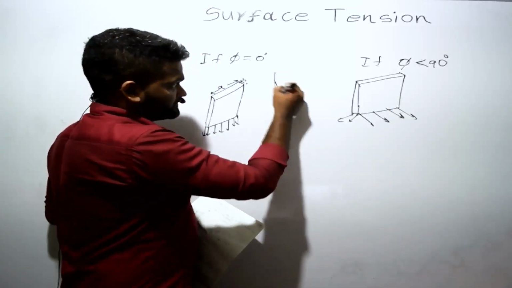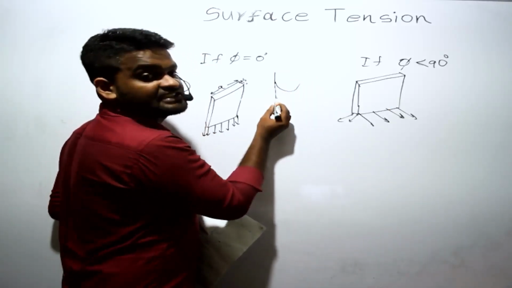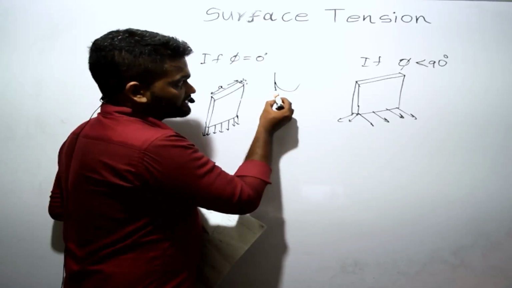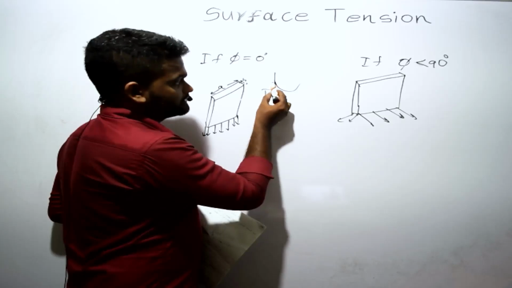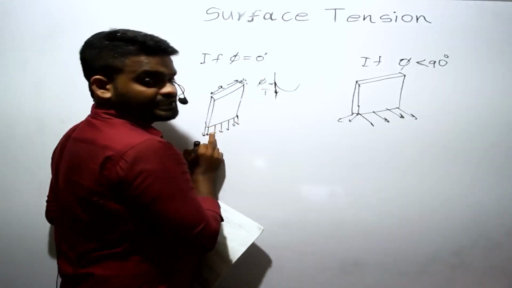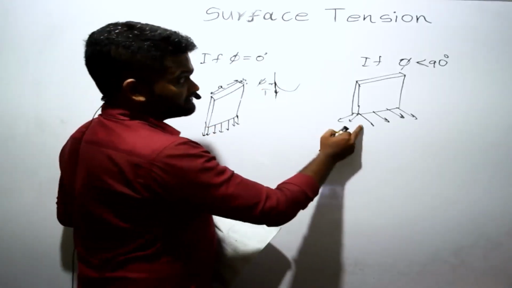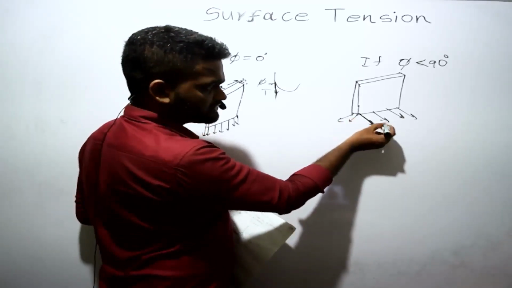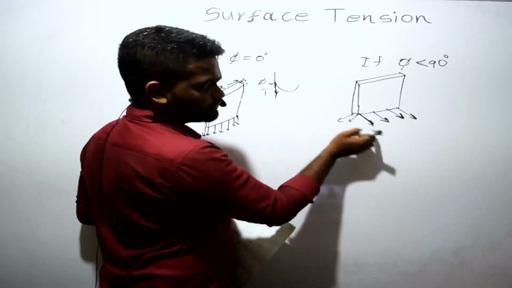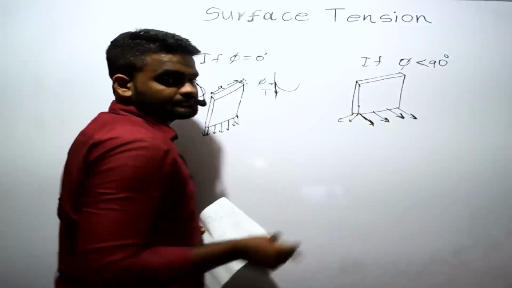Remember, if the contact angle is 0, surface tension is along the glass surface. But if the contact angle is an acute angle, you have to mark these surface tension forces along that tangent.